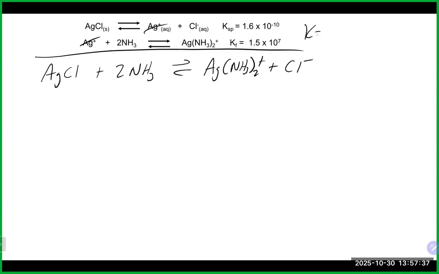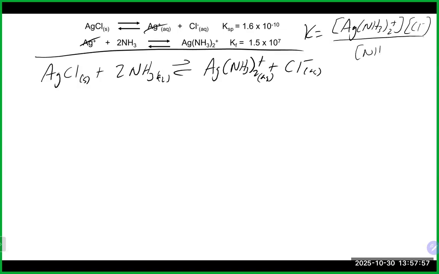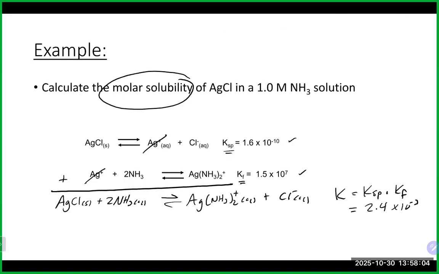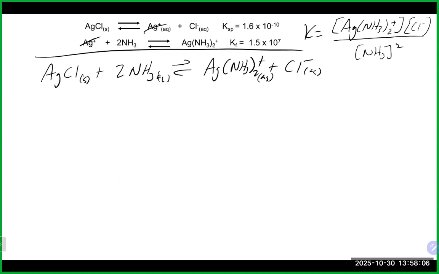And our K in this case would be our silver complex ion times our chloride, as this is aqueous and that is solid, divided by our NH3 squared, right? And that equals what we just calculated, 2.4 times 10 to the minus 3.